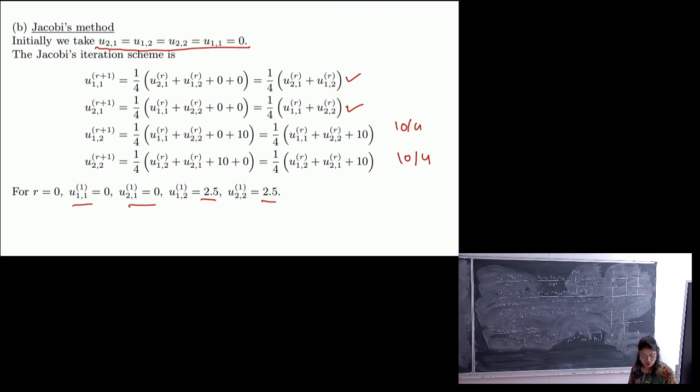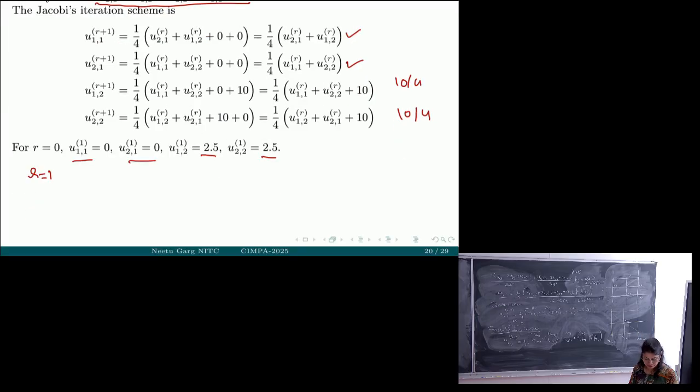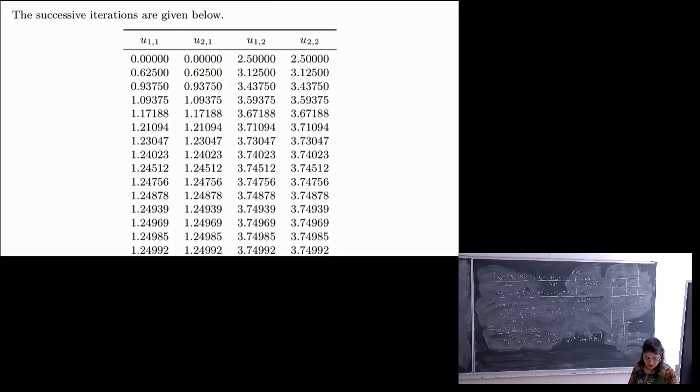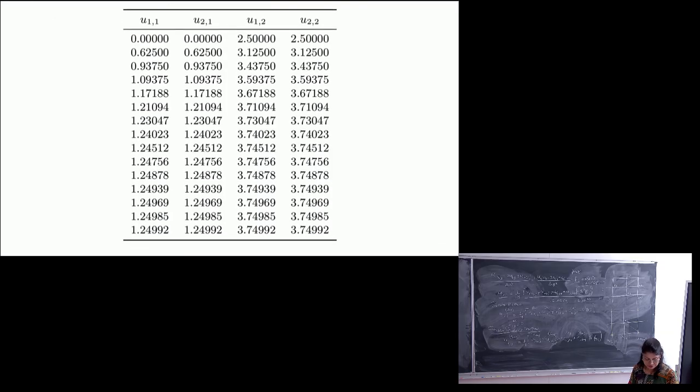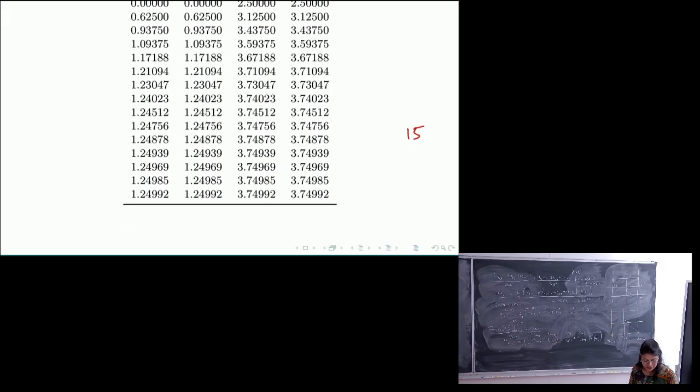In the next step you will put here r is equal to 1 and we will get further values and we will apply different iterations to check the values. Let us see that table here. Okay, so this is the table and we are doing almost 15 iterations, and after doing 15 iterations we are getting almost 1.25 here, this is almost 1.25, this is almost 3.75 and 3.75.